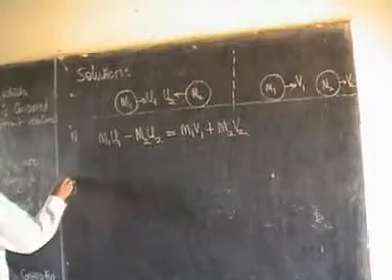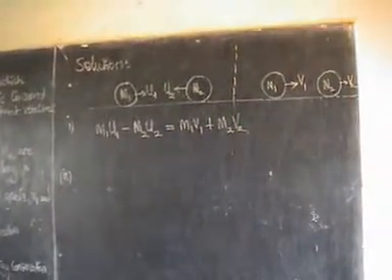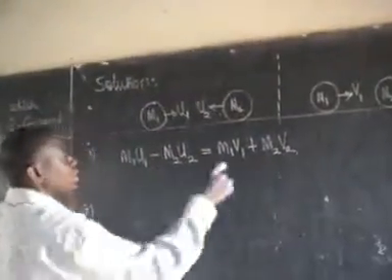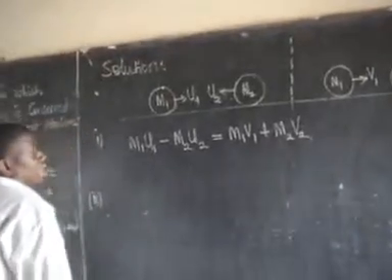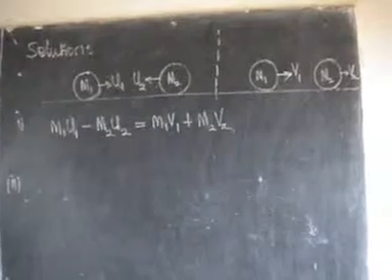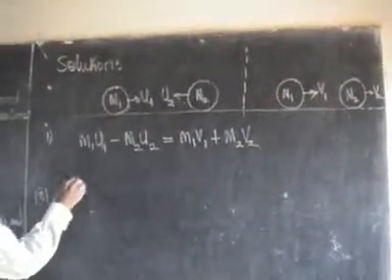Then Roman 2, if the collision is perfectly elastic, the sum of kinetic energy before collision must be the same. Kinetic energy cannot be negative because of the v squared. So even if the velocity is negative, once it is squared, it turns out to be positive.